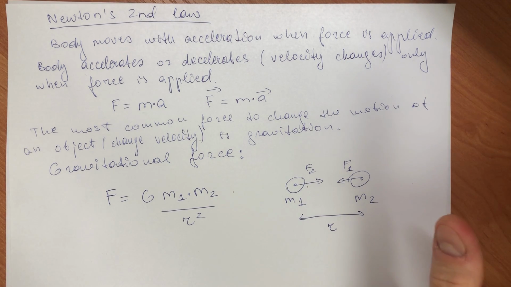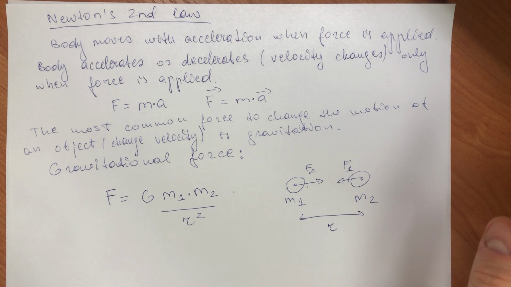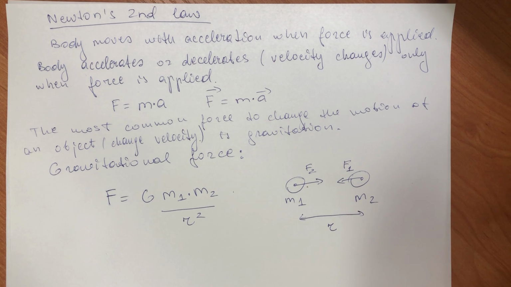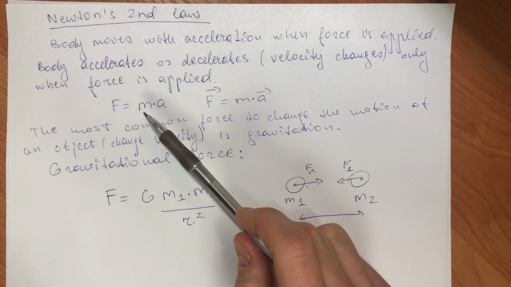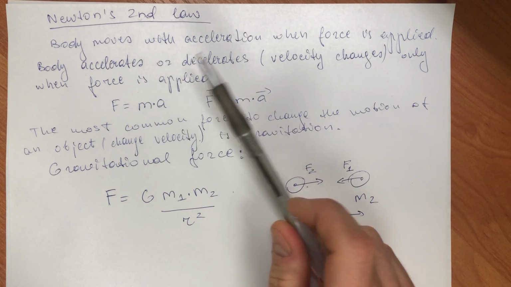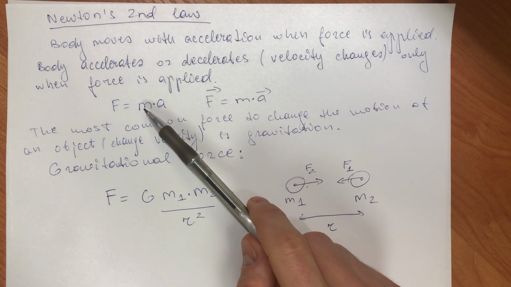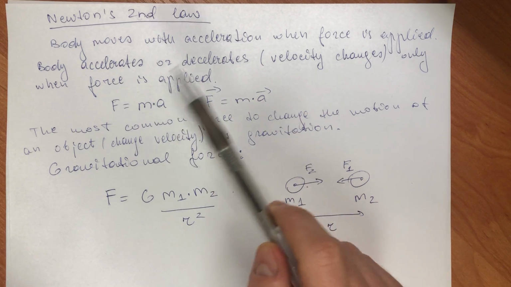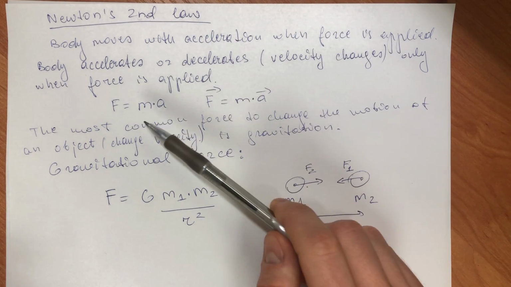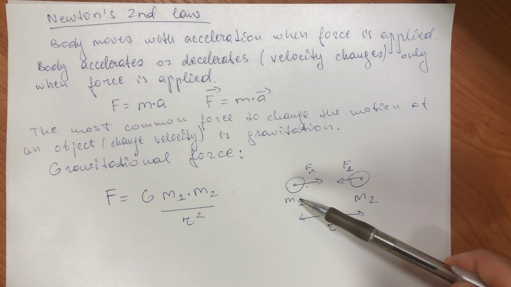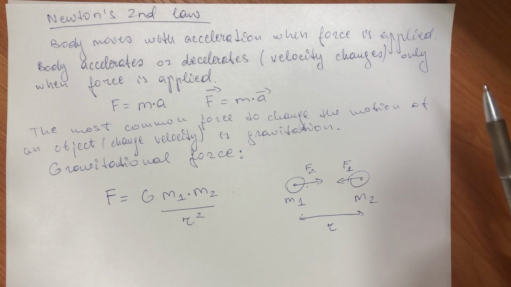Although, for example, two people sitting nearby each other attract each other with forces, those forces are very small, so we can't feel them. But we feel gravity because Earth's mass is huge compared to our mass. The force produced by a huge amount of mass is very big. And we also attract the Earth by the same force.